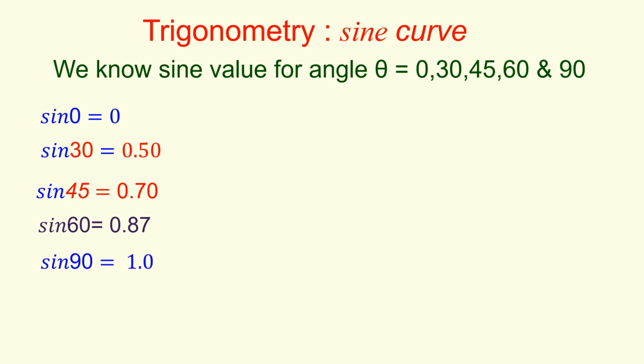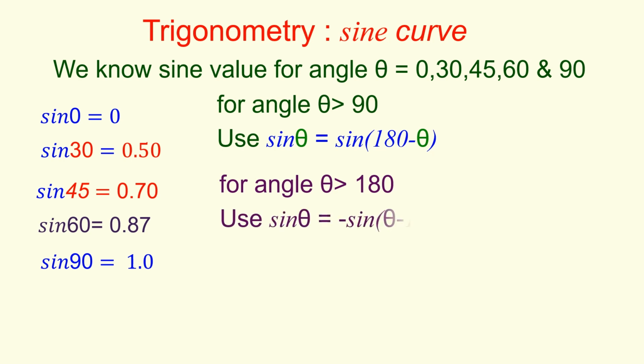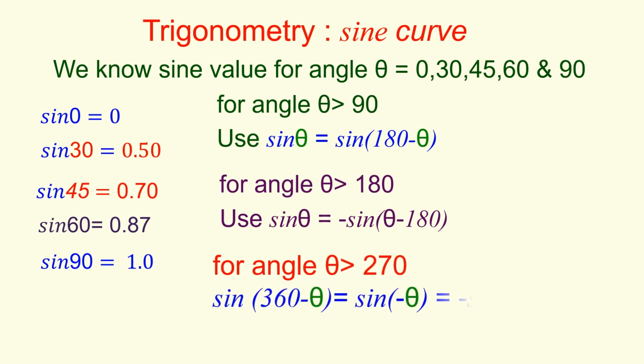For angle theta more than 90, use sine theta equals sine 180 minus theta. For angle theta more than 180, use sine theta equals minus sine theta minus 180. For angle theta more than 270, sine theta equals sine 360 minus theta equals sine minus theta equals minus sine theta.